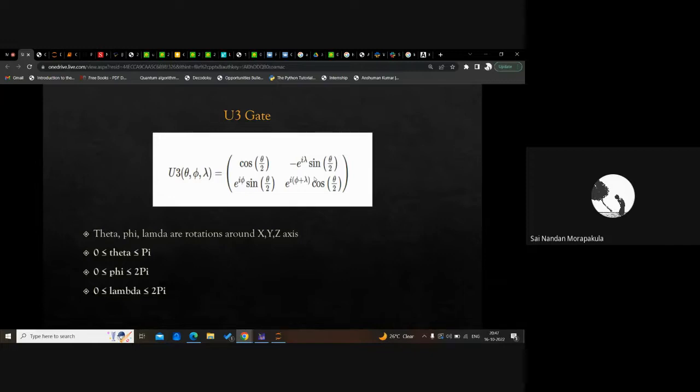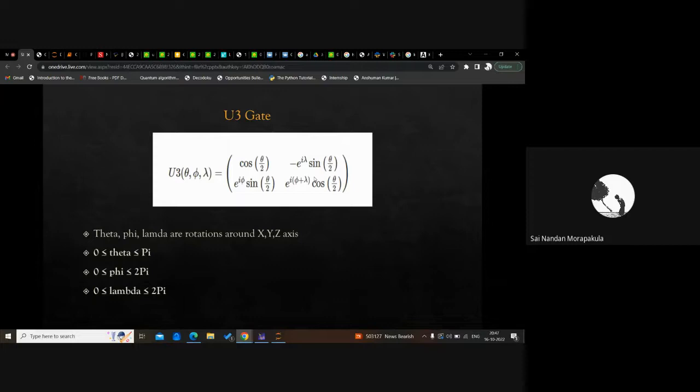So U3 gate has 3 parameters. These are also called parameterized gates because they have parameters which we can define, and they work as per these parameters that we give to them. So why is it named U3 gate? Because it has 3 parameters: theta, phi, and lambda.